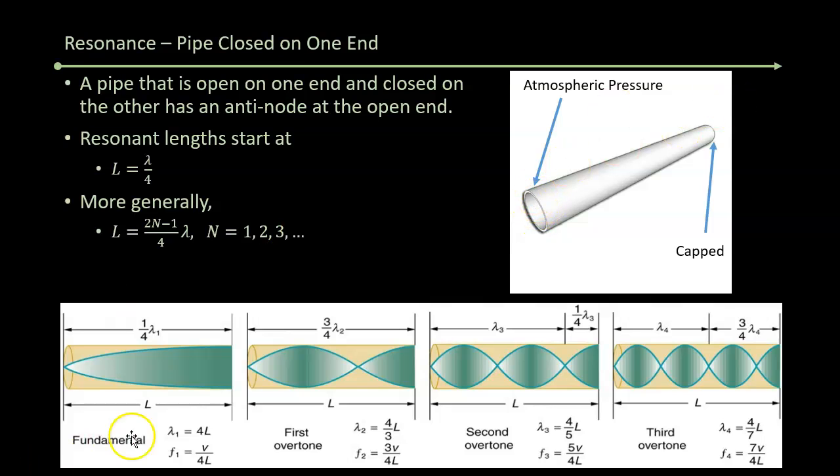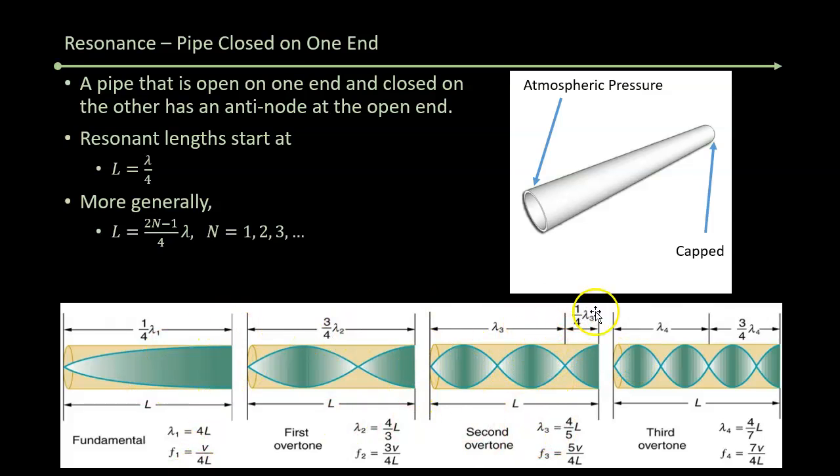We can have a quarter of a wavelength, and the next up is not a half of a wavelength. The next up is 3/4 of a wavelength. Every time you do this, you have to add in a whole half wavelength. So you add a whole half wavelength to get to 3/4 of a wavelength, and you add another whole half wavelength.